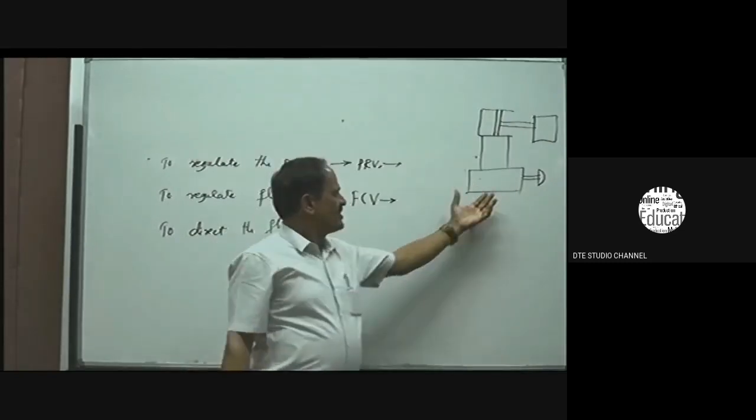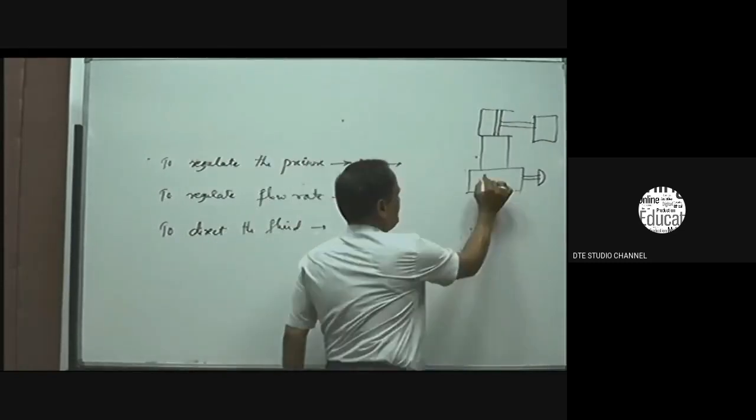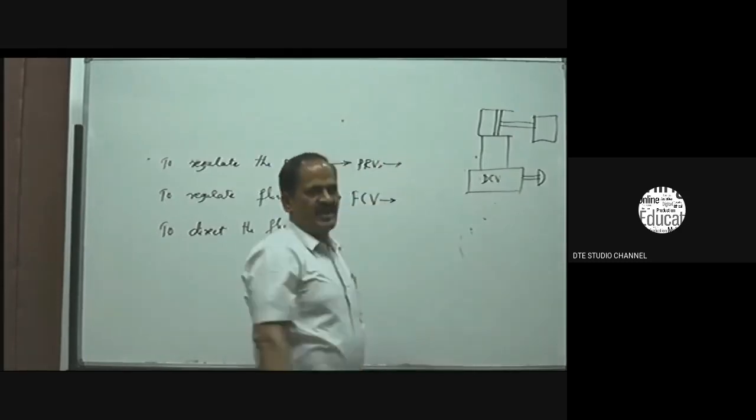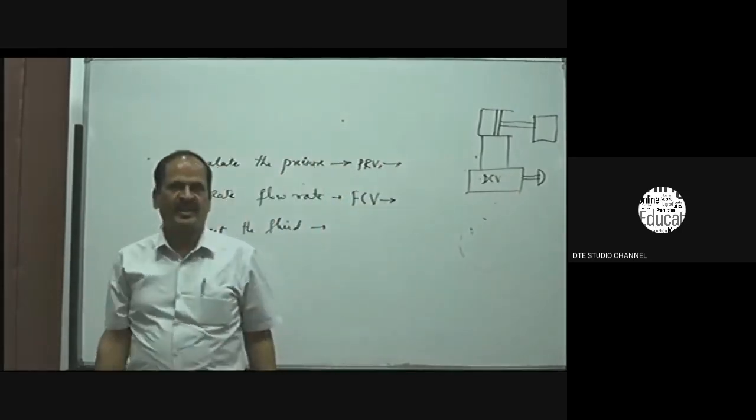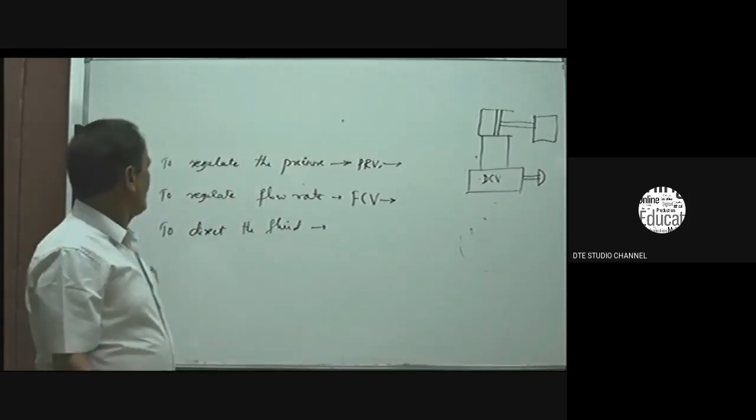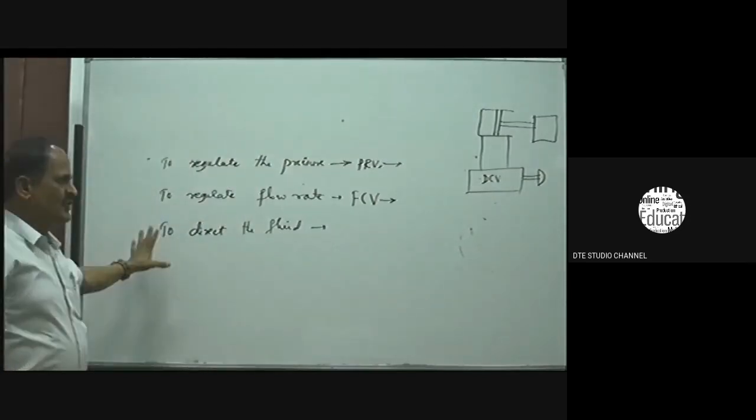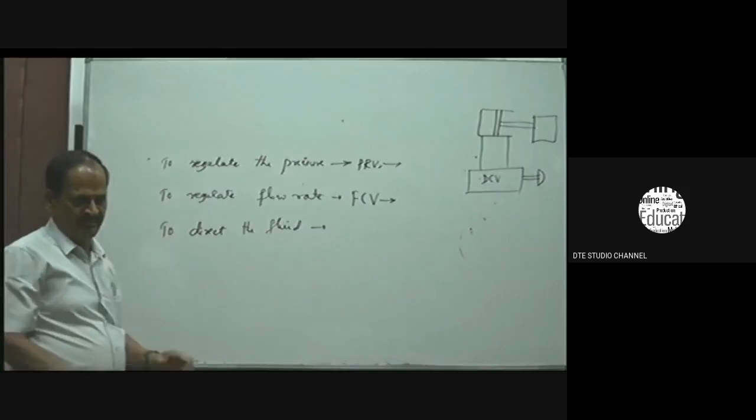By means of the DC valve, the direction of flow of fluid into the actuator can be changed. So these are three types of control valves used in any hydraulic system.